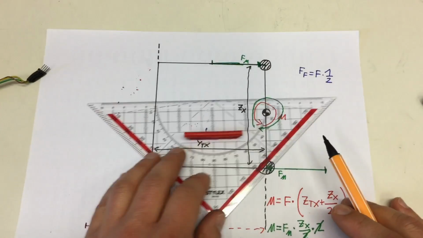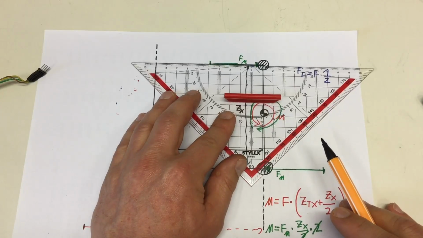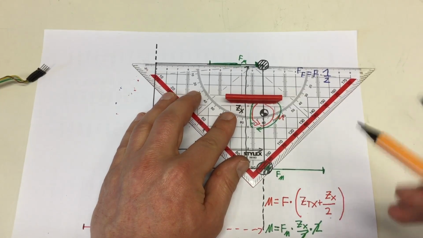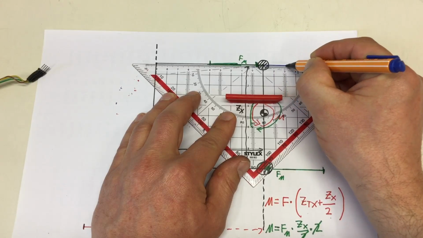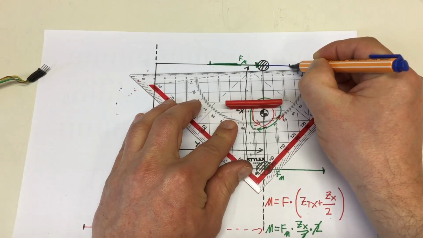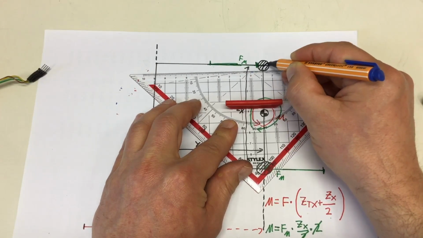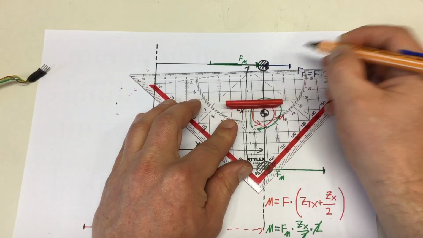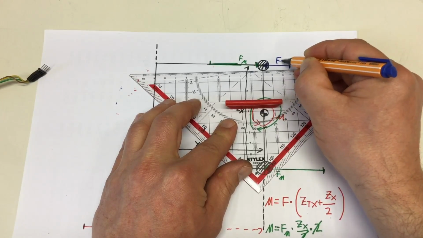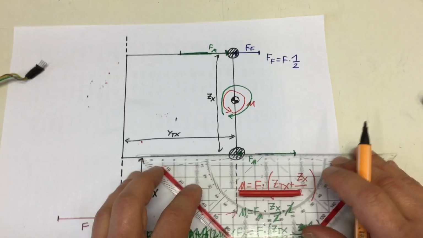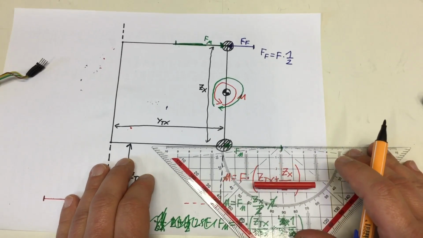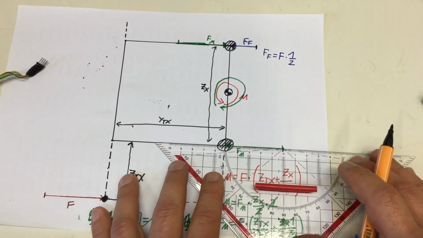So they have to be exactly the same. So counter force 2.5 centimeters here, F, and 2.5 centimeters additional here.